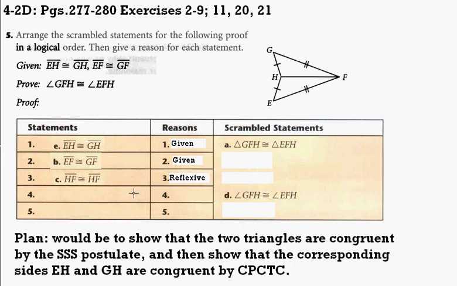So that's the reflexive property. And then, now that we know this, we can actually add 3 tick marks here to show that this is equal to itself.